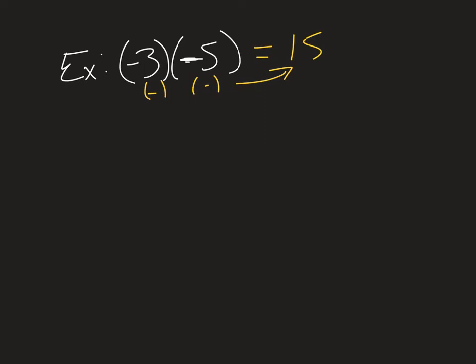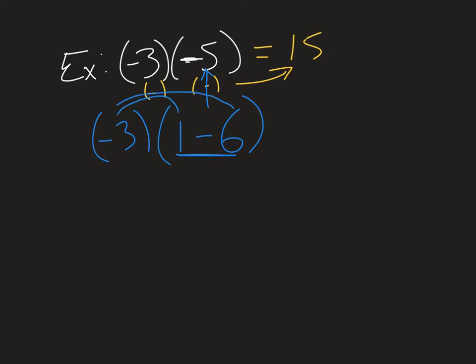So I'm going to break this up a little bit differently. Let's rewrite this as negative 3 times (1 minus 6). Now if we look at this, that makes negative 5. It might seem a little strange, but what I'm going to try first is the distributive property.